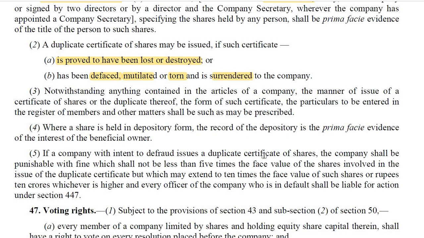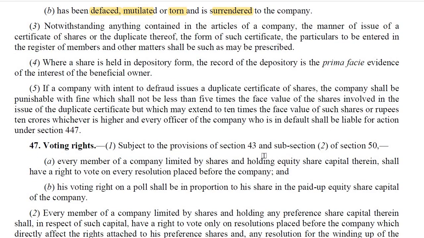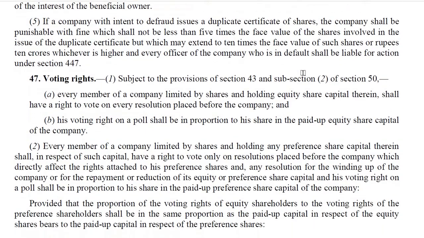Notwithstanding anything contained in the articles of a company, the manner of issue of a certificate of shares or the duplicate thereof, the form of such certificate, the particulars to be entered in the register of members, and other matters shall be such as may be prescribed. Where a share is held in depository form, the record of the depository is the prima facie evidence of the interest of the beneficial owner.